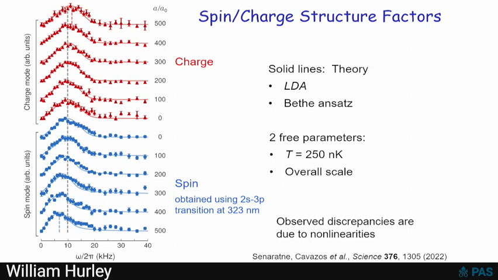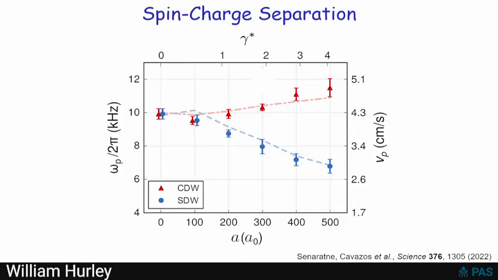There are only two free parameters in a digital simulation using something called Bethe ansatz, and those two free parameters are temperature and an overall scale factor, and the theory agrees extraordinarily well, and this is before we've added nonlinear corrections, in which case it agrees almost perfectly. So this now is a way of showing spin charge separation in a very quantitative way, never been seen before in a way which could be compared with theory.